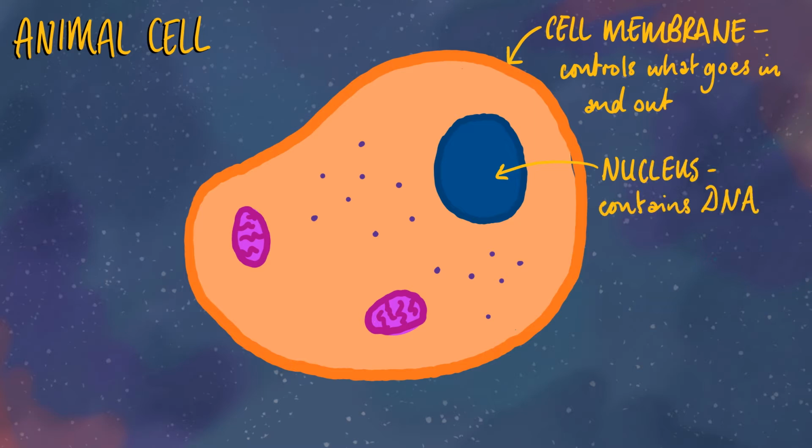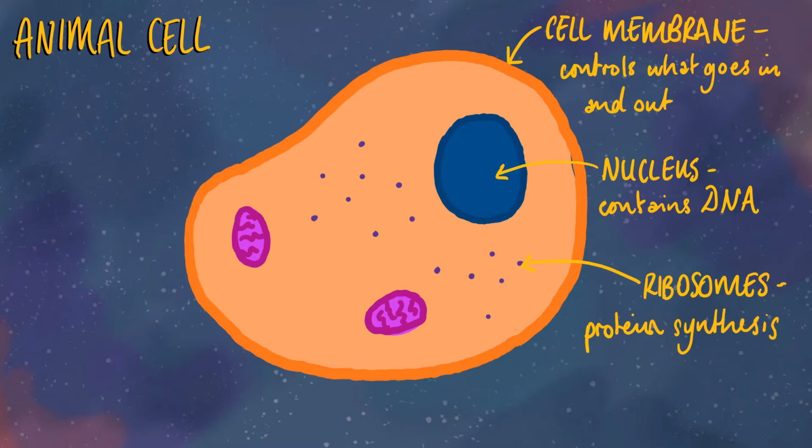Okay, the big circle is the nucleus, and that contains the DNA. The small little dots are the ribosomes, and that is for protein synthesis. So synthesis is just a fancy word for making something. So ribosomes make protein.